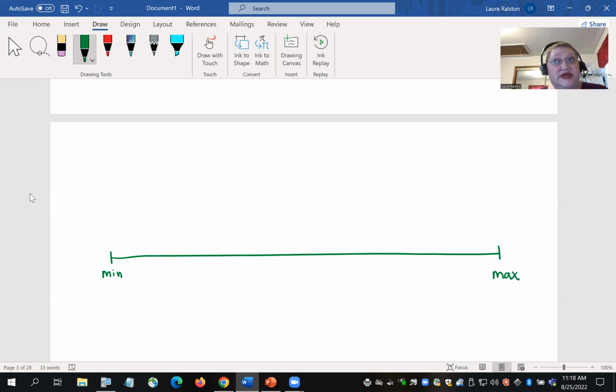We learned in the last class that the median, which is a measure of center, would divide this data set 50-50. So we have 50% below the median and 50% above the median.